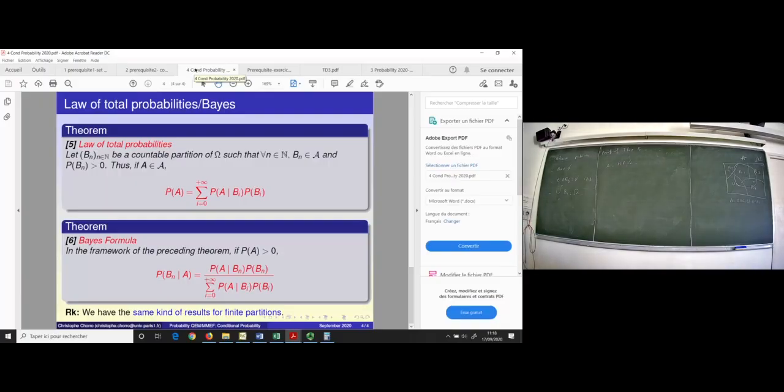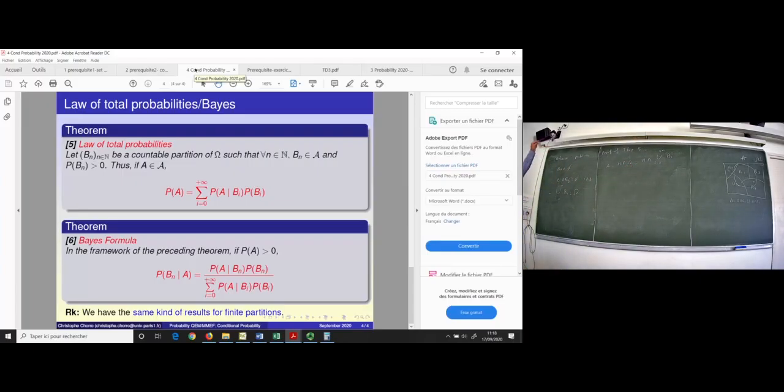Omega is the universe, so I have written nothing here. But I know that omega is the union of all the B. So I can write it this way: A intersected with the union of all the Bi, because the union of all the Bi is equal to omega, by definition of a partition.